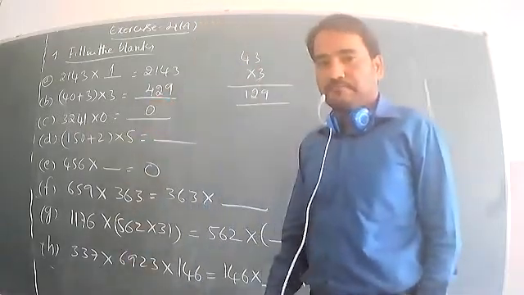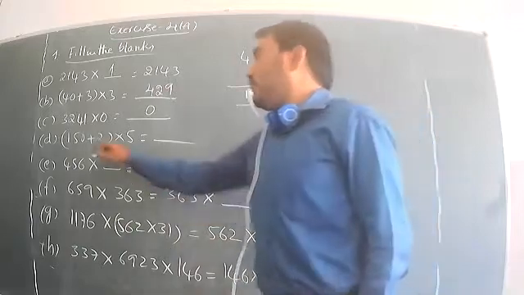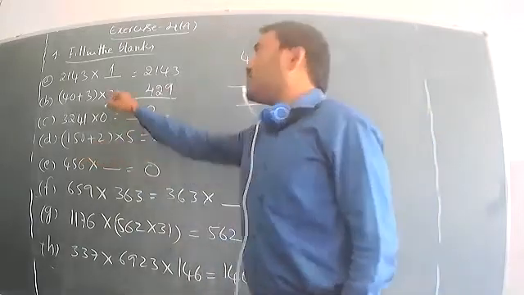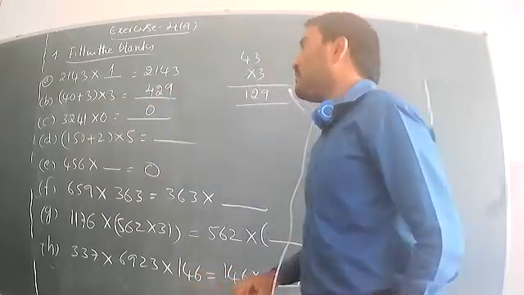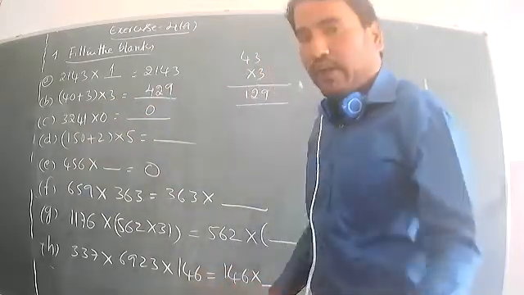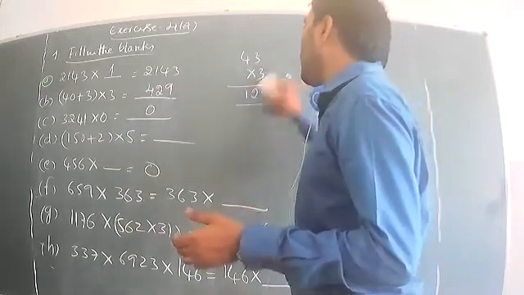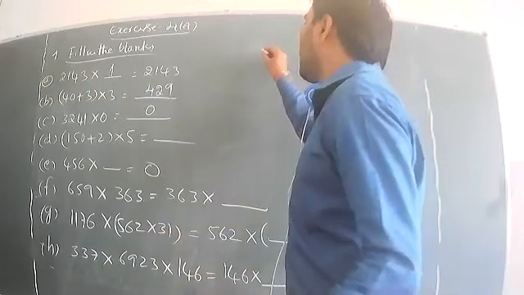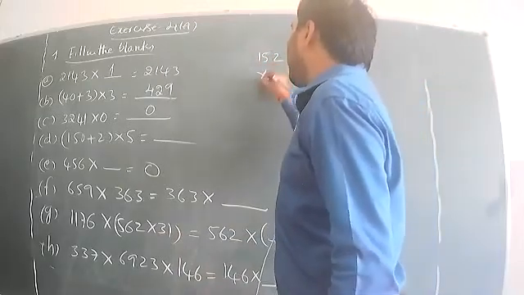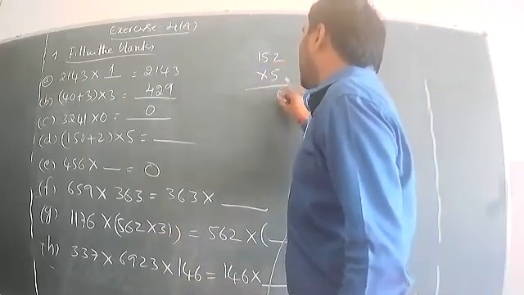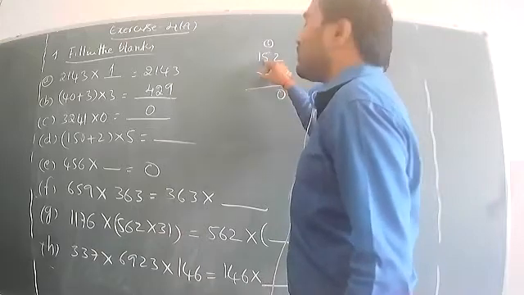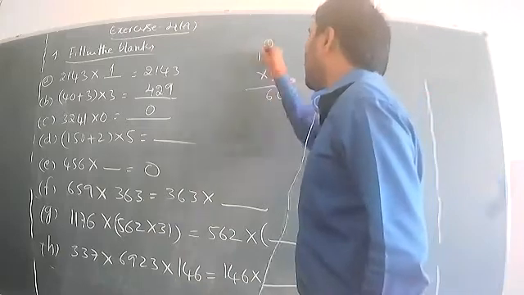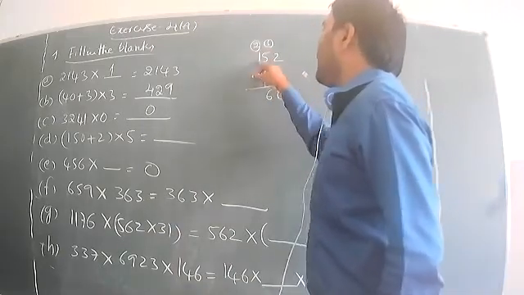Next, 150 plus 2 into 5. The question is the same, B1, and the answer is the same: multiply 152 into 5. First add inside the bracket, 152 into 5. 5 2 the 10, 1 carry, 5 5 the 25, 25 plus 1 is 26, 2 carry, 5 1 the 5, 5 plus 2 is 7.